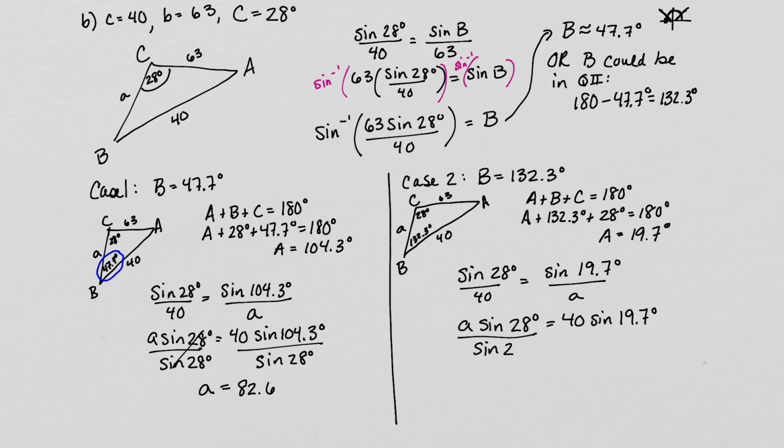Divide both sides by the sine of 28 degrees. So a, if you work this out, is 28.7. So in this case, you get two answers, right? In the second case, capital B is 132.3 degrees, capital A is 19.7 degrees, and lowercase a is 28.7 degrees.